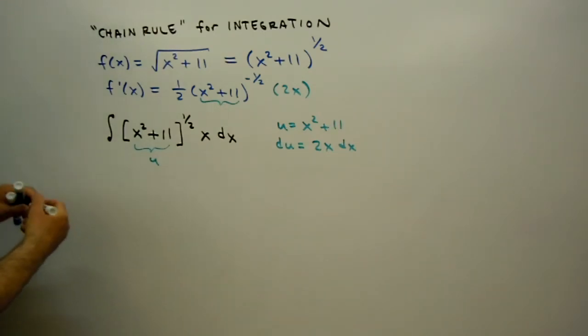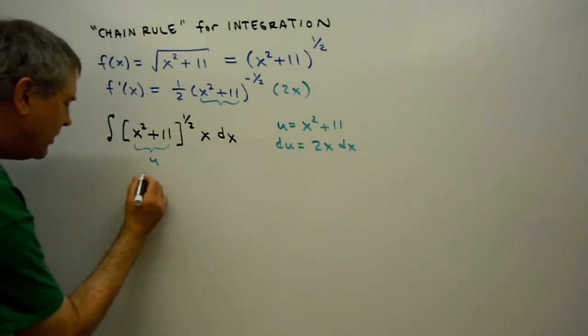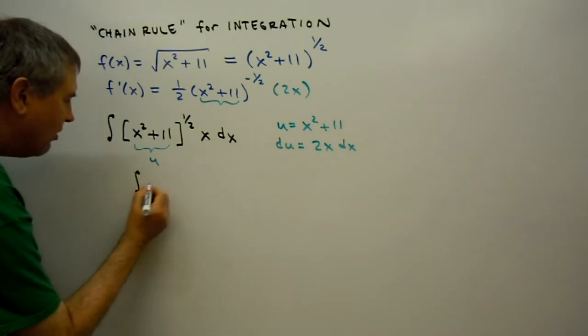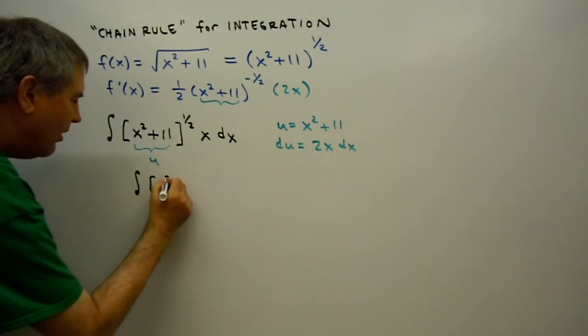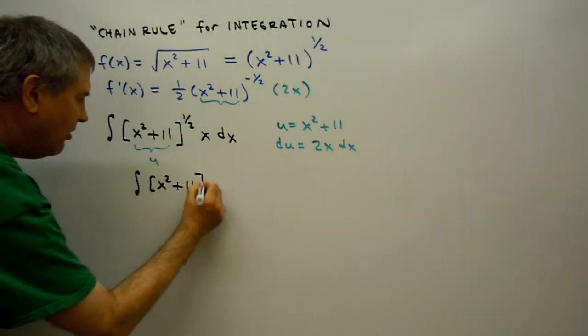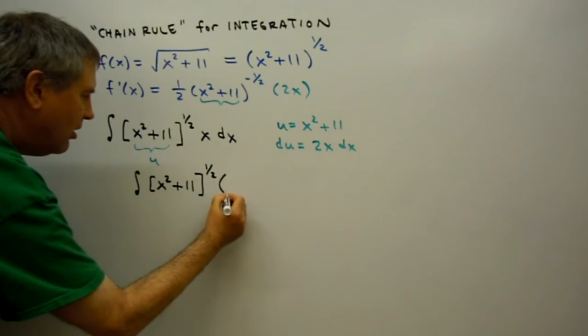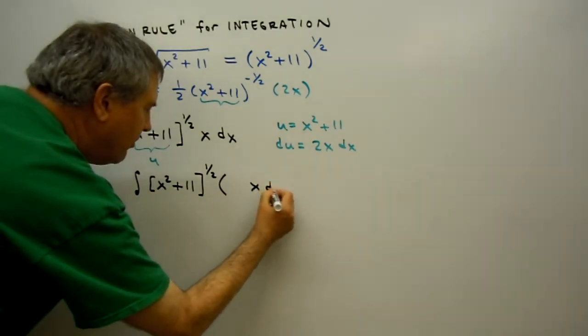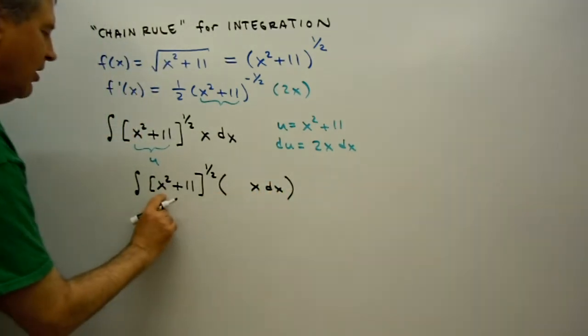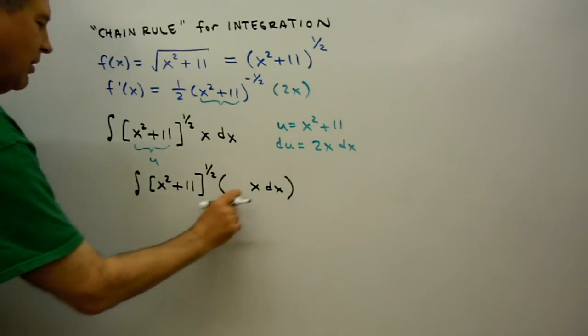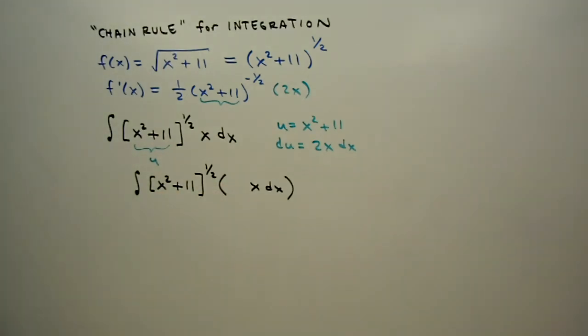Let me go ahead and write that again. We have the integral of x squared plus 11 to the 1/2 power, and I'll put a little bit of space here because we want to have the derivative of the x squared plus 11 here on the outside. Well, we don't quite have it there, but we can put it there by simply making an adjustment.